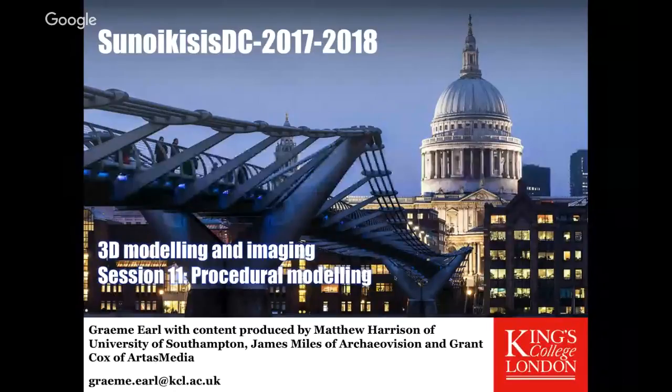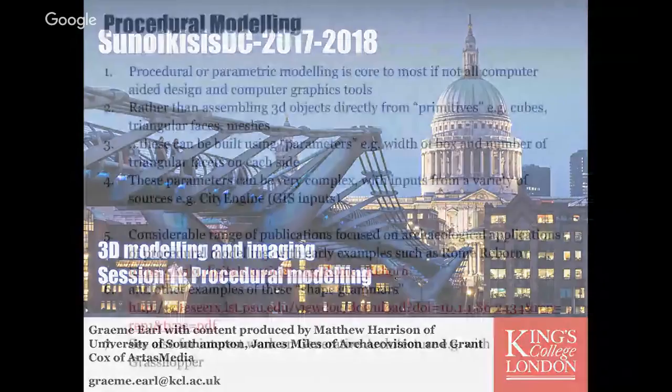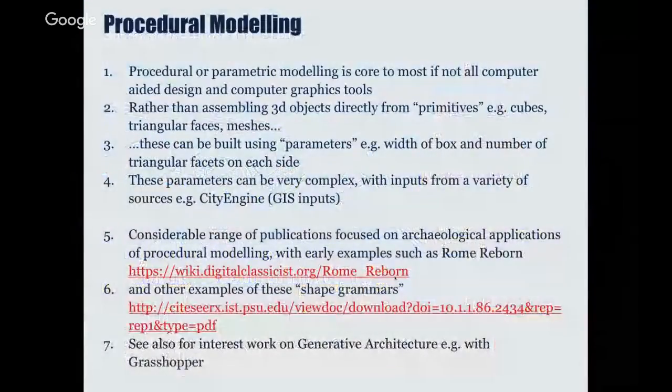So I'll touch on a couple of the points that you raised there and introduce some examples. In particular, I'm going to expand on the idea of procedural modeling. I think the key thing is that most of the computer-aided design, or perhaps all of computer-aided design and modeling tools where you're creating objects from scratch, use some element of procedural, or sometimes called parametric, modeling.